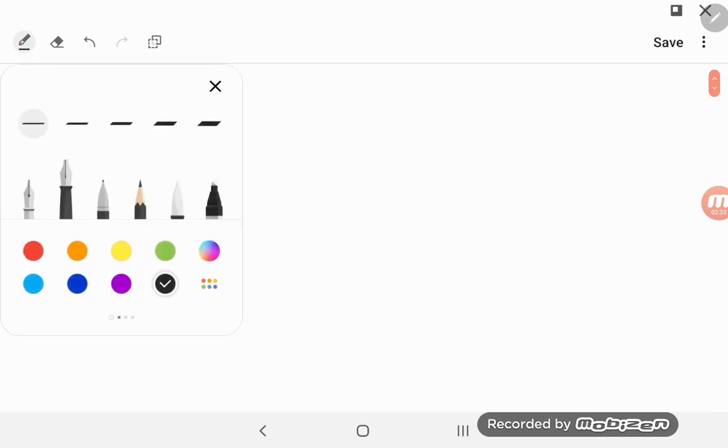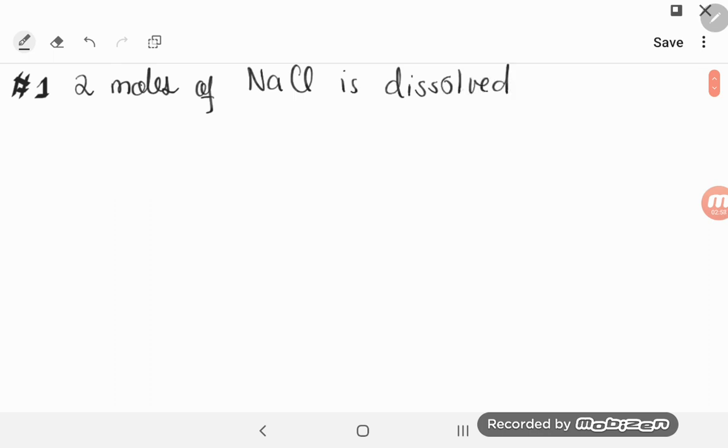Let me write first a sample problem. Let's have sample problem number 1. Two moles of sodium chloride, NaCl, is dissolved in 2 liters of solution.